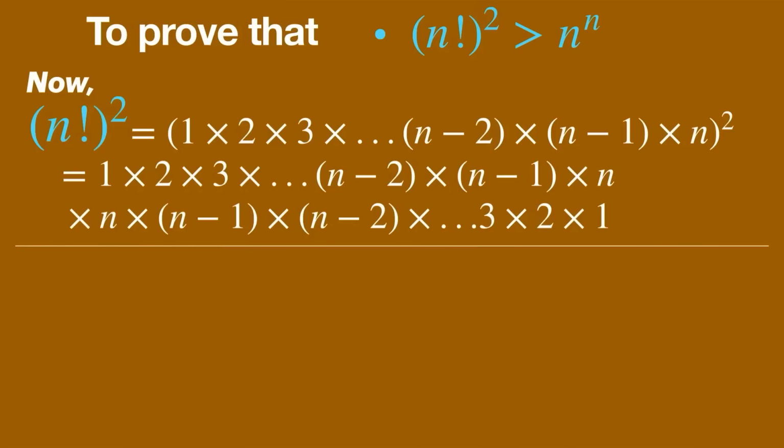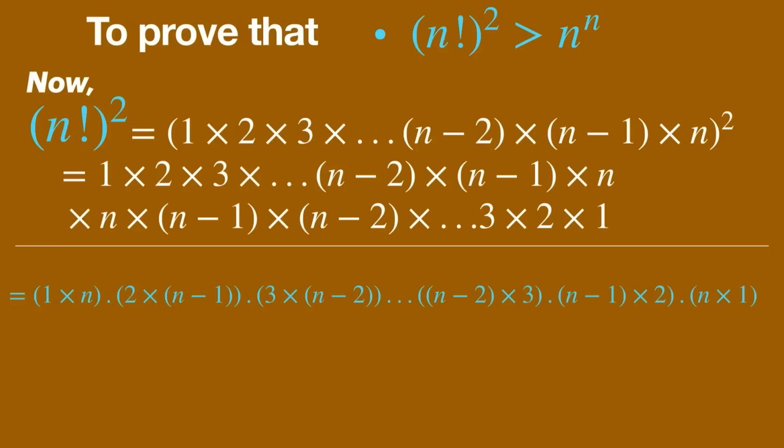and then we can make couples, taking one number from the first line with the corresponding number of the second line, in this way: 1 into n, and 2 into n minus 1, and 3 into n minus 2, and then dot dot, n minus 2 into 3, n minus 1 into 2, then n into 1.